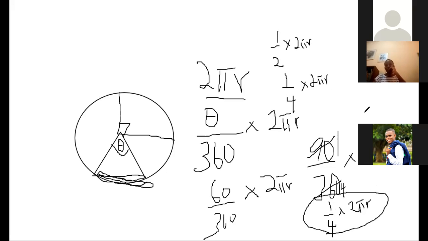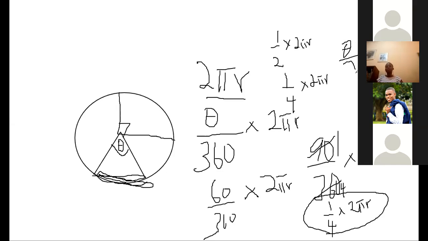And the formula for finding the circumference of any arc, which the angle has been given, is that angle, which is normally denoted by theta, over 360 times 2 pi r. I hope you get it now.